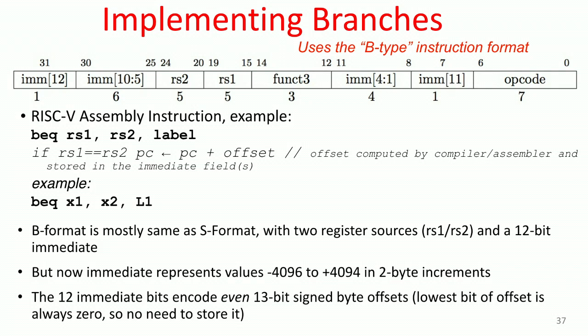All right, so what else did I want to say about this? Okay, the B format is mostly the same as S format, with 2 register sources and a 12-bit immediate. But now the immediate represents values from minus 4096 to plus 4096 in 2-byte increments. For reasons I'm not going to go into here, branch instructions can encode offsets in terms of 16-bit entities, 2-byte offset increments.